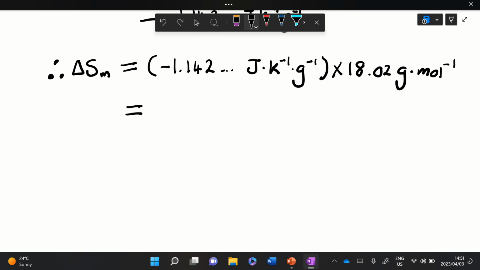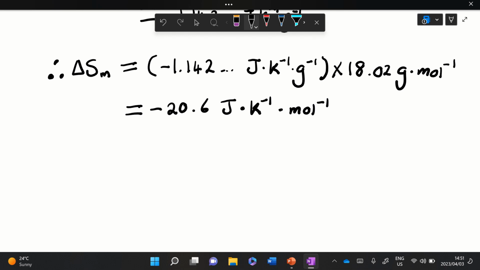So whatever you're working with, that's how you get it to per mole, and that's going to give us a value of minus 20.6 joule per Kelvin per mole. Okay.